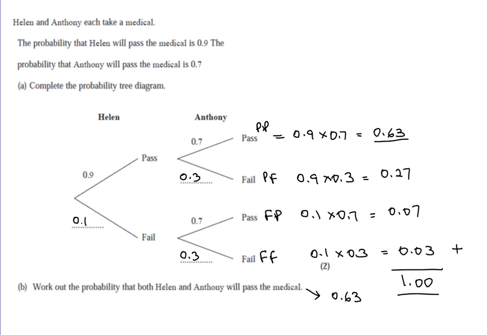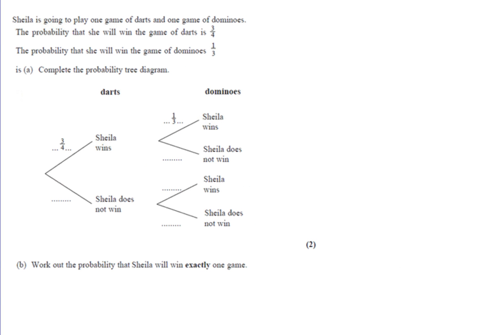All right, let's try another one. Sheila is going to play 1 game of darts and 1 game of dominoes. The probability she'll win the game of darts is 3/4, so the probability she doesn't win is 1/4. Probability she'll win the game of dominoes is 1/3, so that would be 2/3 that she loses.